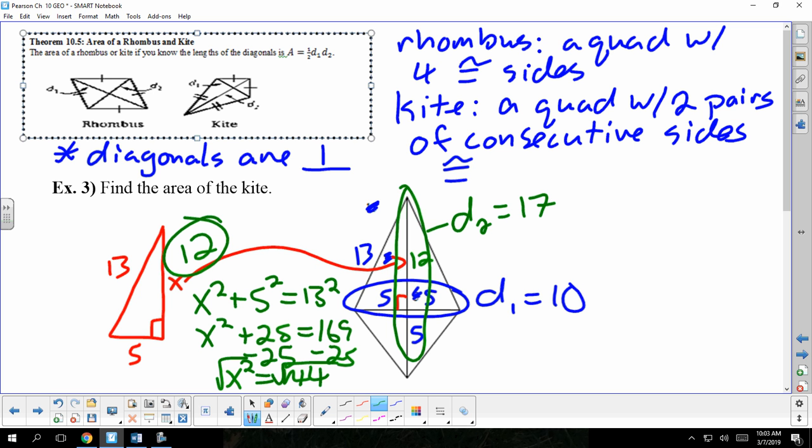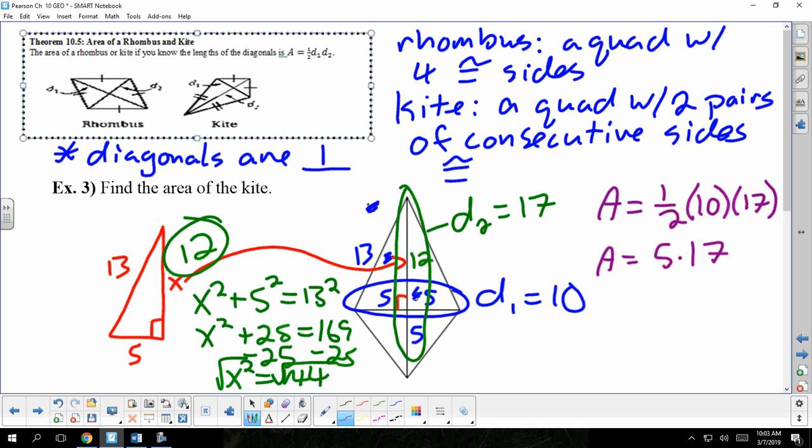And then the area, 1/2 10 times 17. So 1/2 of 10 is 5. 5 times 17. The area here is 85.